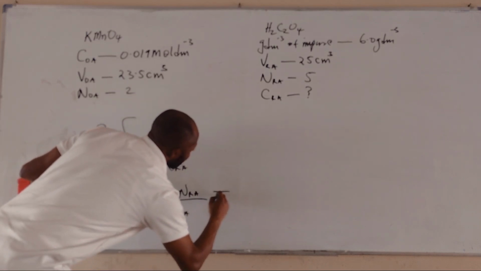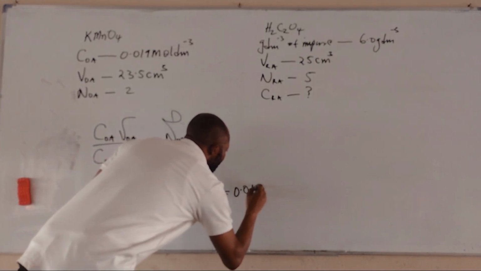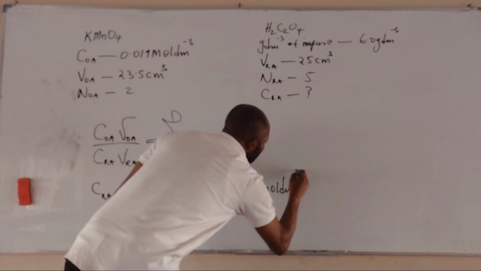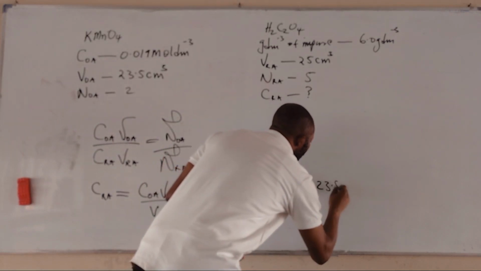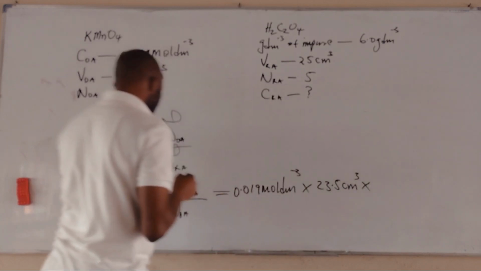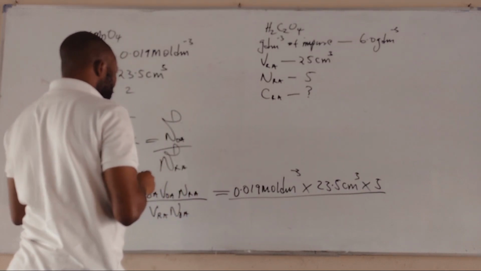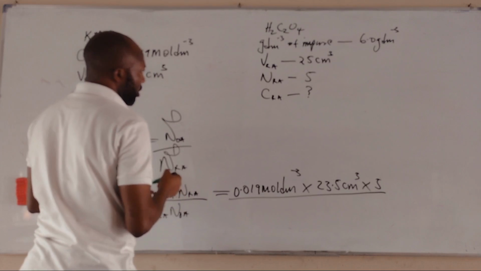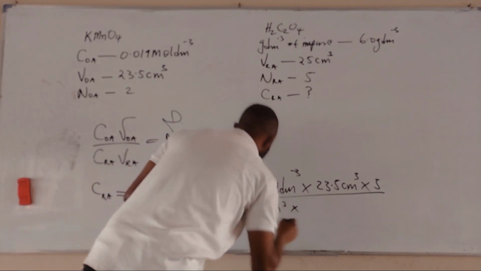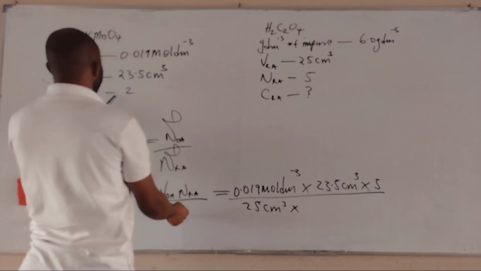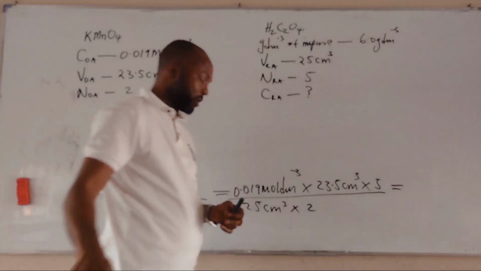So this is equal to the concentration of oxidizing agent, 0.019 mole per dm cube, times the volume of oxidizing agent, 23.5 cm cube, times the number of moles of reducing agent, 5, all over the volume of reducing agent, 25 cm cube, times the number of moles of oxidizing agent, 2.